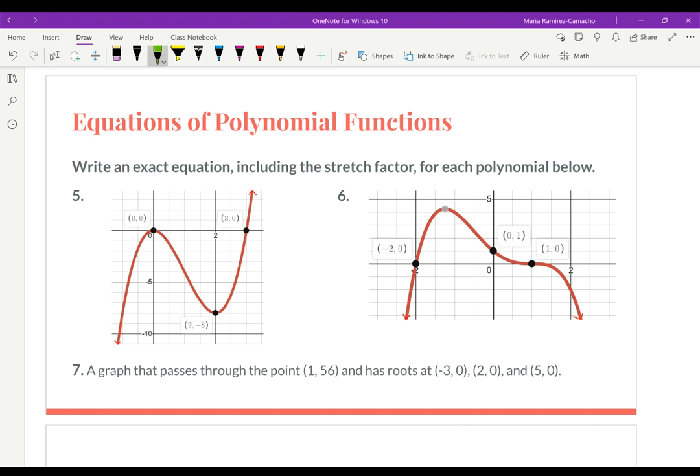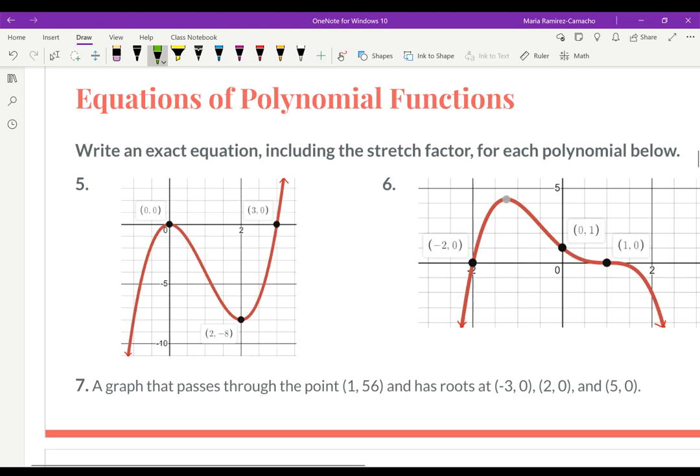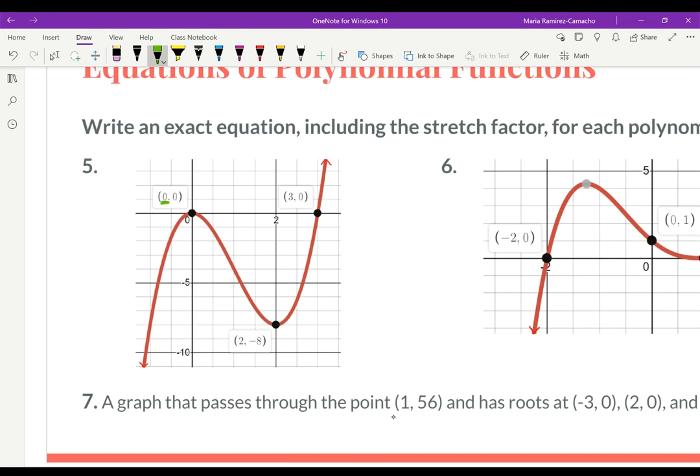Okay. We've got x-intercepts at (0, 0) and at (3, 0). So I know that my equation should contain an x because of the x plus 0, and an x minus 3 because of the (3, 0).